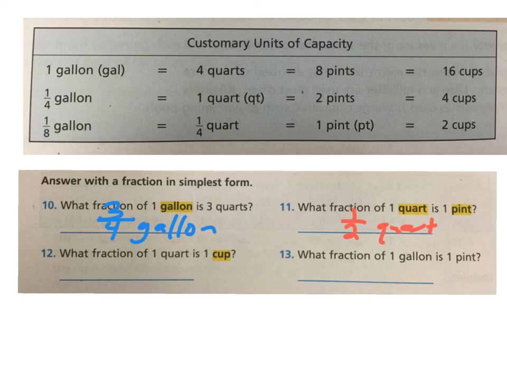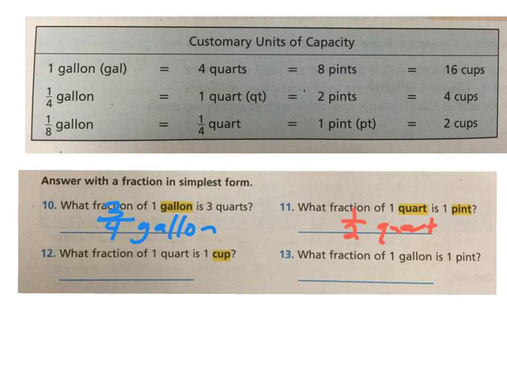Okay, number 12 says, what fraction of 1 quart is 1 cup? Well, 1 quart is the whole. We're looking at cups. How many cups does it make to make a quart? 4. How many do we have? 1. 1/4 of a quart. 1 cup is equal to 1/4 of a quart.